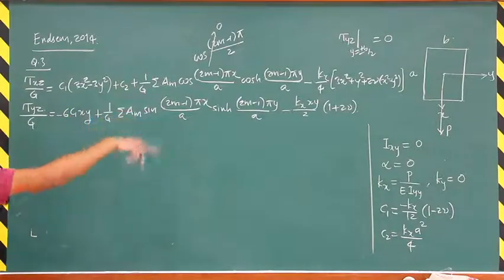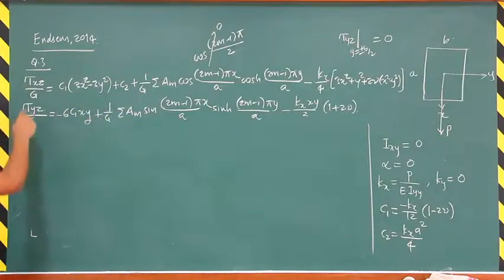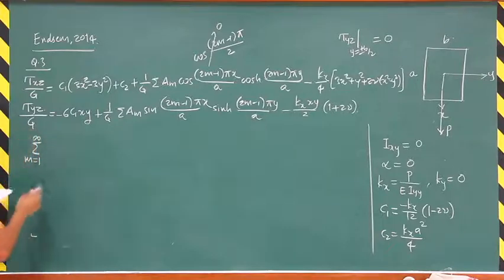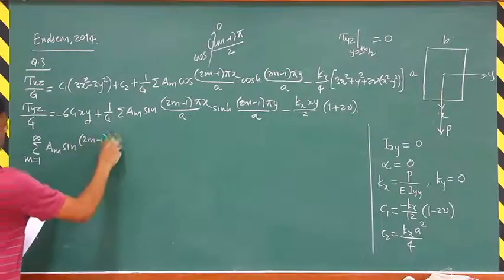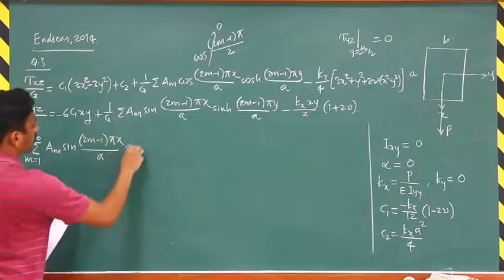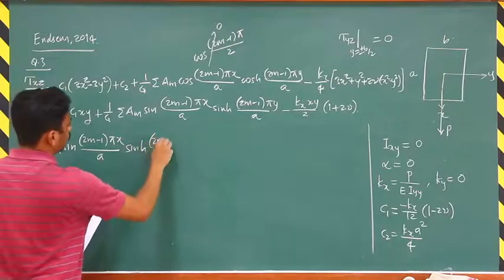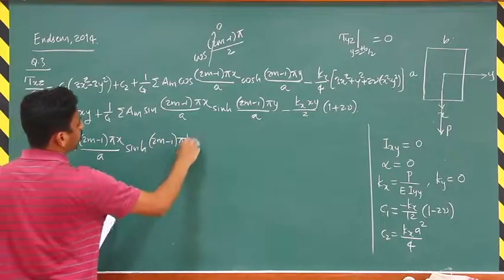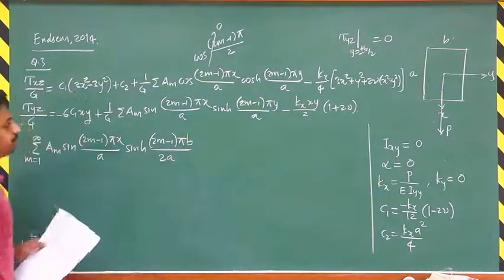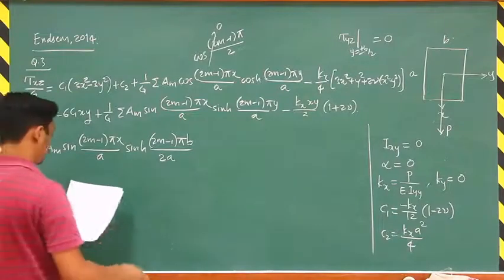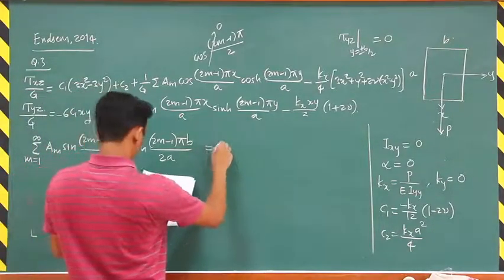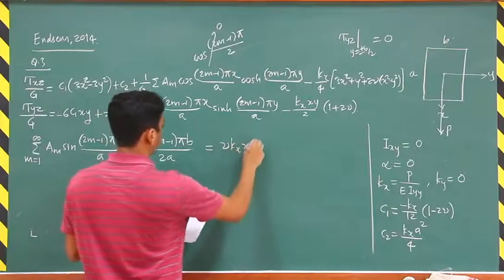After putting all these values into this relation, we get the summation over m from 1 to infinity of Am, pi x upon a, sinh of 2m minus 1. Now we are using y equal to b by 2. You can use y equal to minus b by 2, you will get the same expression, which is equal to mu times kx x times b.